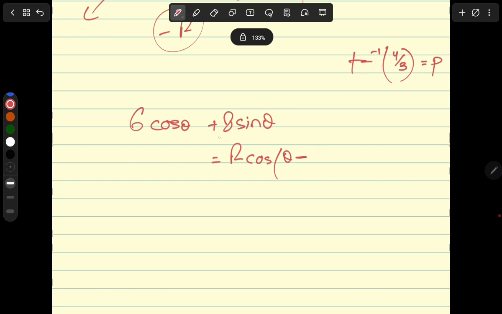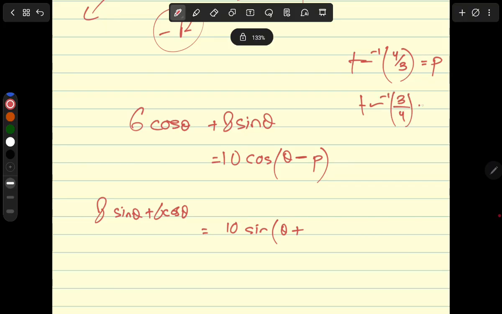So this can be rewritten as 10 cos(theta minus p), or you can rewrite this as 8 sin theta plus 6 cos theta, and again r is going to stay the same. So 10 sin(theta plus alpha), and alpha is now tan inverse of 6 over 8, which is 3 over 4. Okay, so let me call this q.